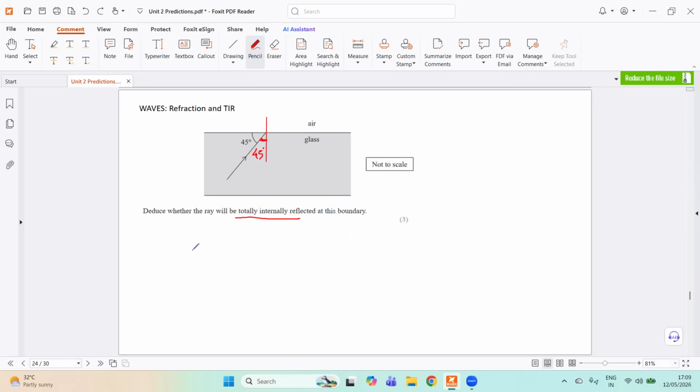So the equation you recall is n1 sine theta 1 equals n2 sine theta 2. Let's say n1 is the refractive index of glass.